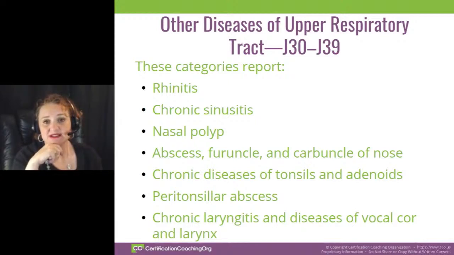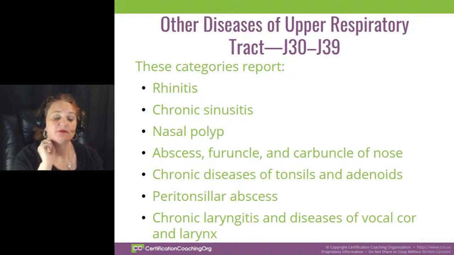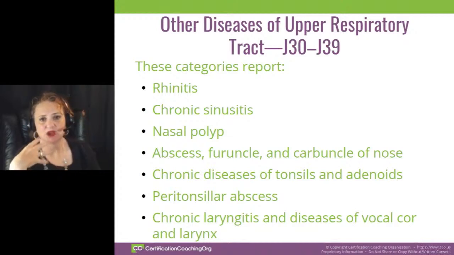Peritonsillar abscess, meaning around the tonsils, can abscess. I just watched a video the other day of hand, foot, and mouth disease. They had a huge peritonsillar abscess, or ulcer really, and then they had spots, this kind of odd rash.